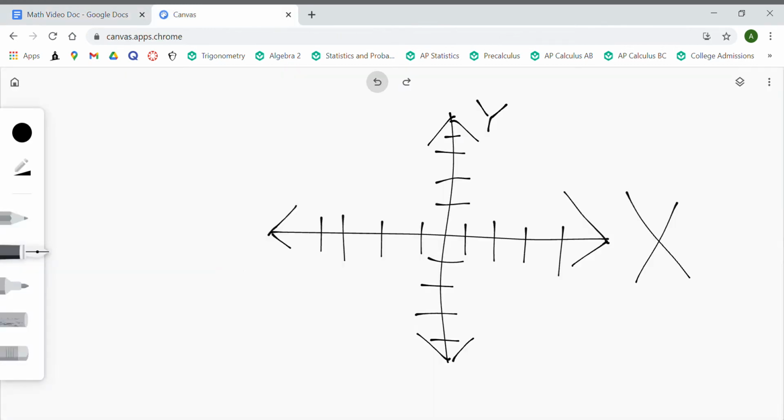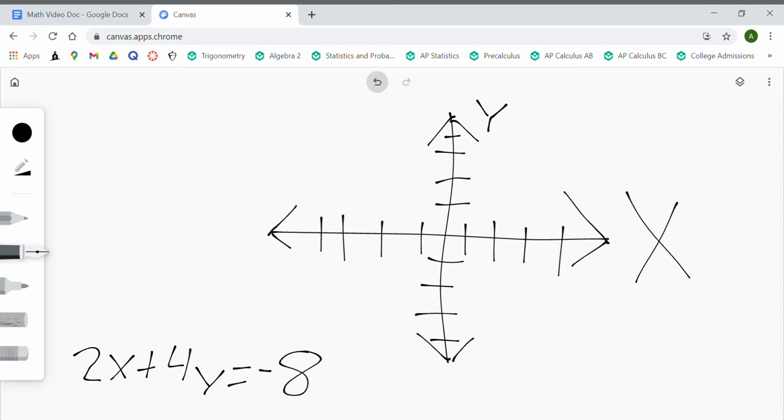So let's try one. How about we do 2x plus 4y equals -8. So we have 2 as our a value. Let's identify the values first. A, or the coefficient of x, is 2.